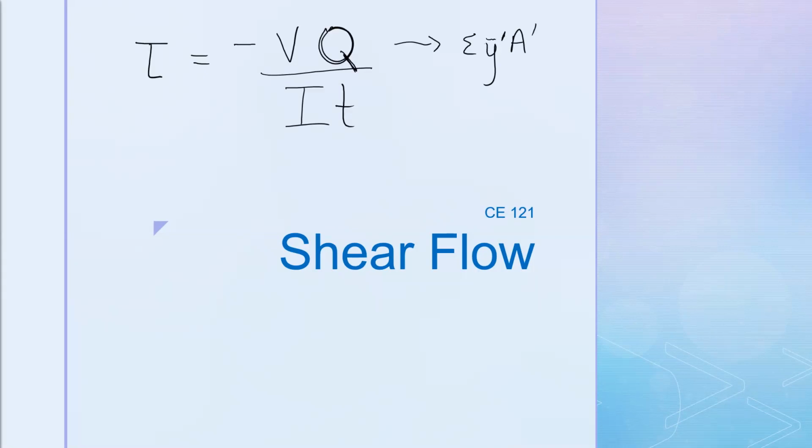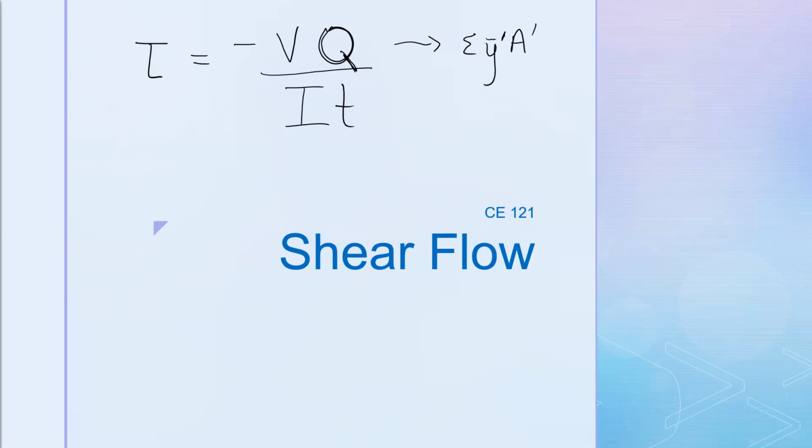I has to do with the cross section. That's your moment of inertia. And then T is the width, perpendicular to the load direction at the particular point where we're interested in. So that's our shear stress, and that's in units of force per unit area.